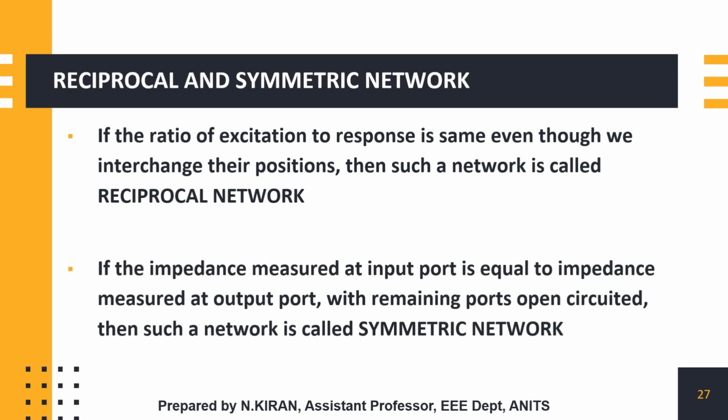If the impedance measured at input port is equal to the impedance measured at output port with remaining ports open circuited, that is, if I measure impedance at input port, the output port should be open circuited. Similarly, when I measure impedance at the output port, the input port should be open circuited. When these two values are equal, then such network is called symmetric network.